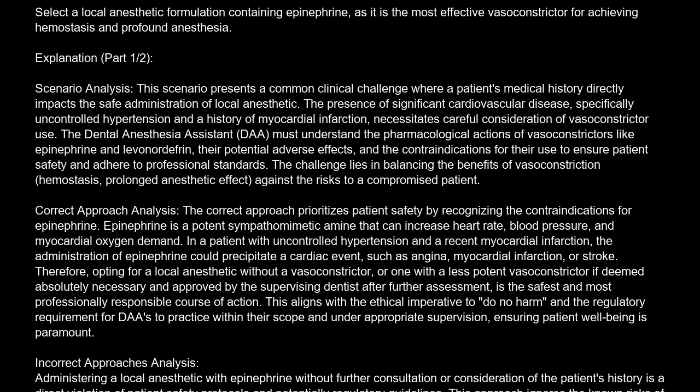In a patient with uncontrolled hypertension and a recent myocardial infarction, the administration of epinephrine could precipitate a cardiac event, such as angina, myocardial infarction, or stroke. Therefore, opting for a local anesthetic without a vasoconstrictor, or one with a less potent vasoconstrictor, if deemed absolutely necessary and approved by the supervising dentist after further assessment, is the safest and most professionally responsible course of action.